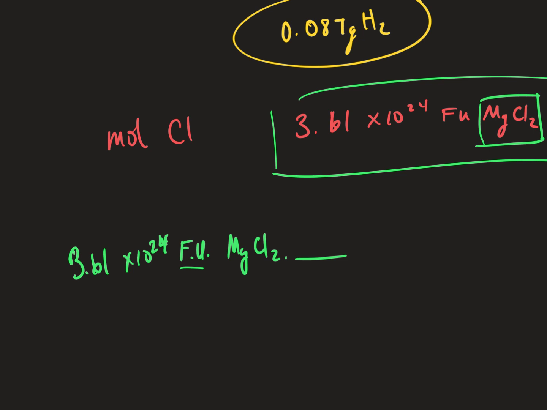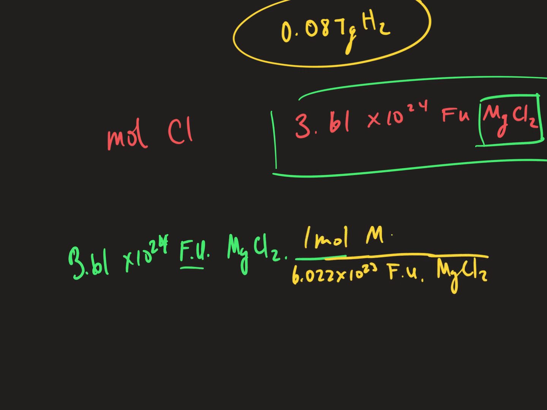Okay. And what's the conversion? Avogadro's number, right? 6.022 times 10 to the 23 formula units of magnesium chloride to every 1 mole of magnesium chloride. You following?